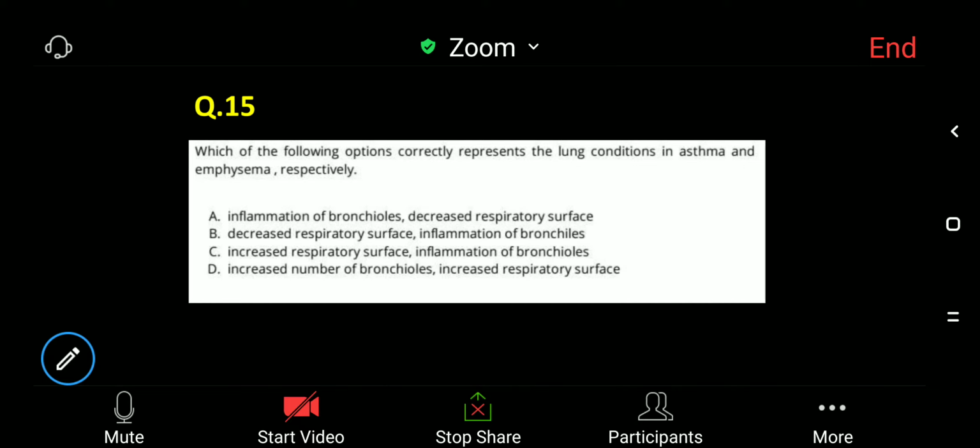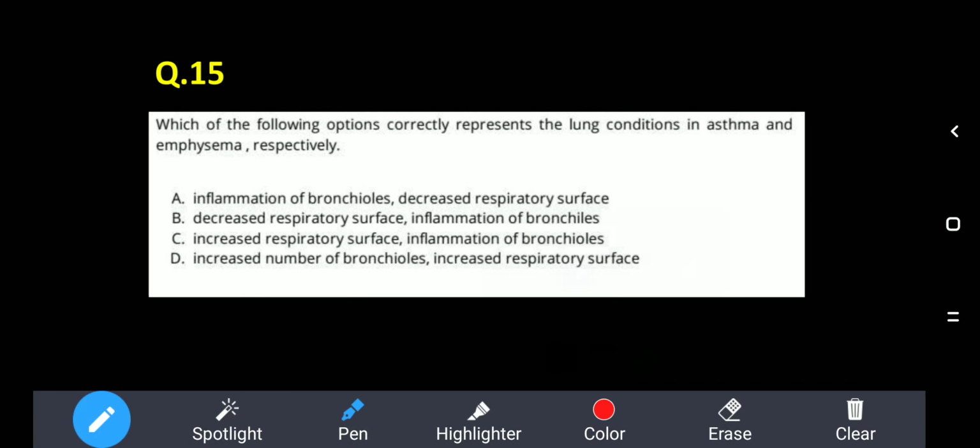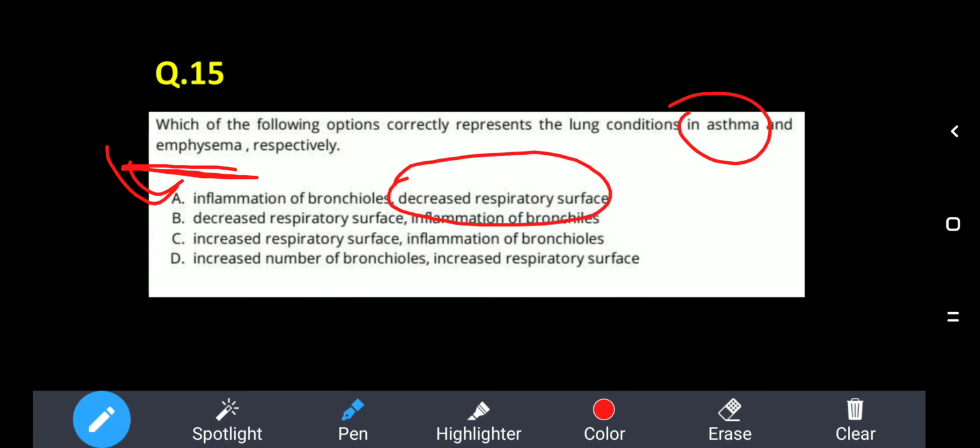Asthma is an inflammatory disease of the lung, that is, of the bronchioles. And emphysema is definitely going to be decreased respiratory surface.